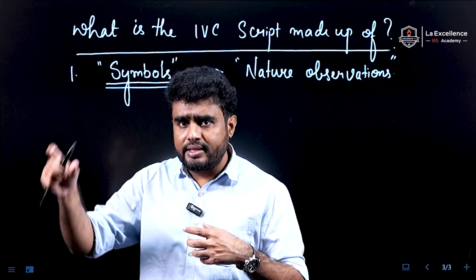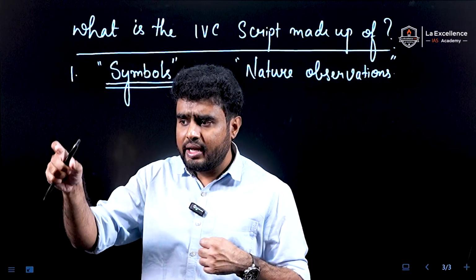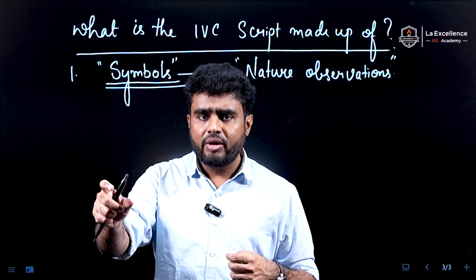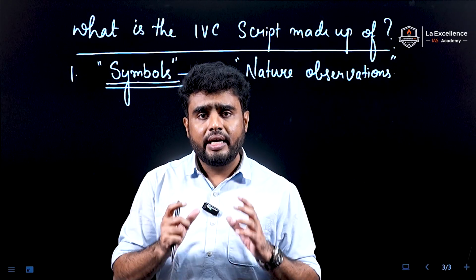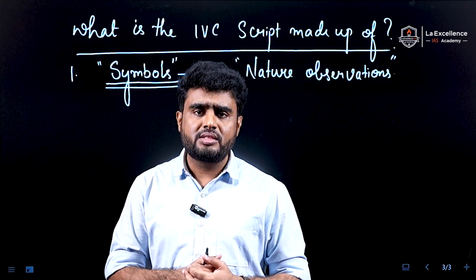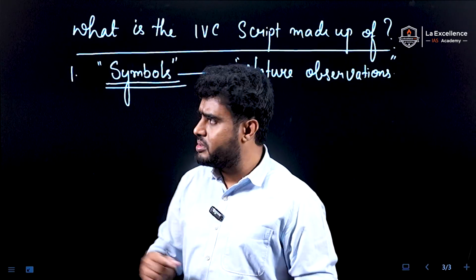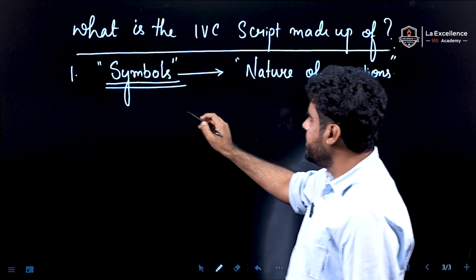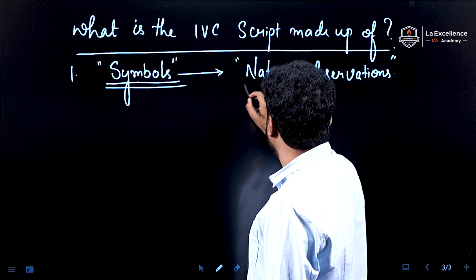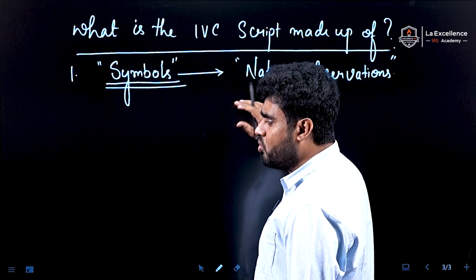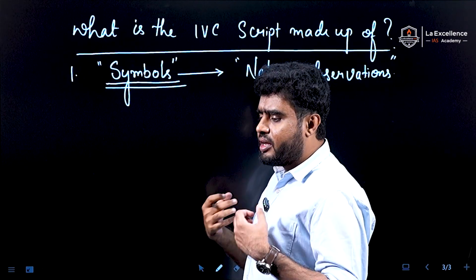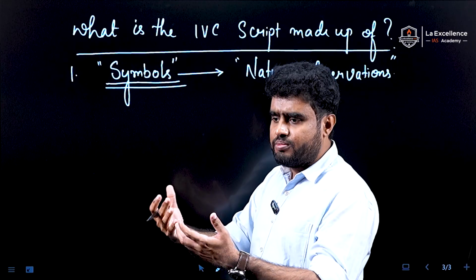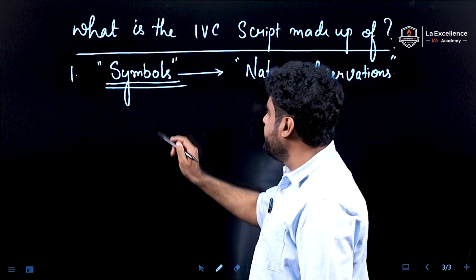So plants, animals and birds were taken as designs, and even certain geometrical symbols were also taken as designs. The symbols mostly came from nature observation. Whatever nature objects IVC people had knowledge of, looking at them, they made the symbols.